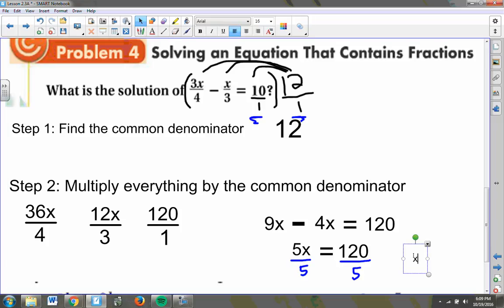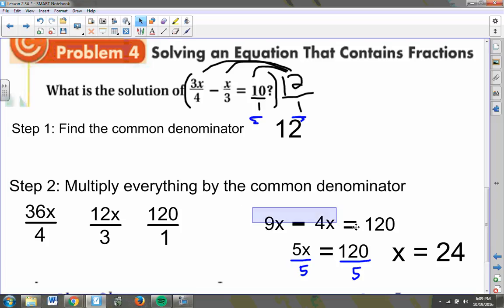And I get that x is equal to 24. Okay? So I have these two steps to turn this equation into something that I can solve. I'm trying to get it to be this thing, 9x minus 4x equals 120. I do that by multiplying everything by the common denominator of the fractions.